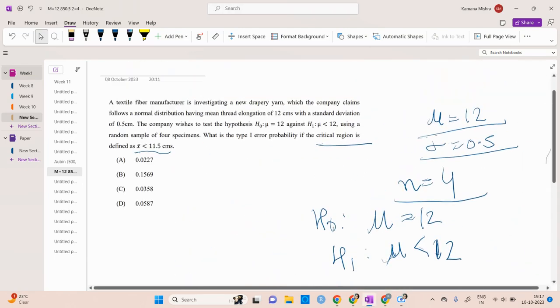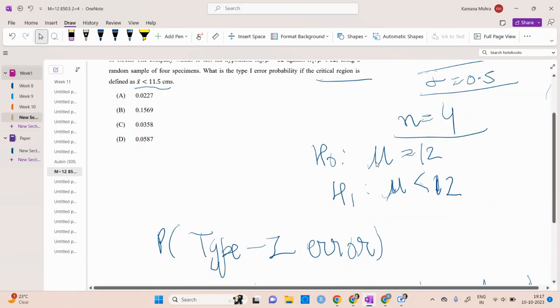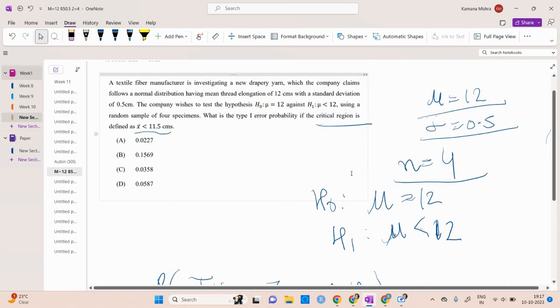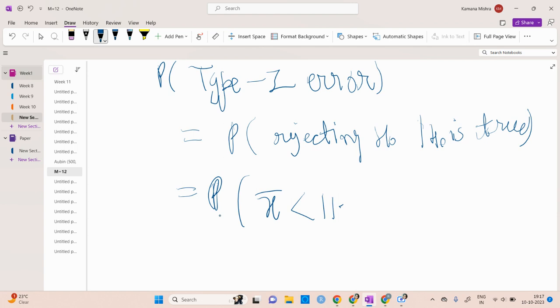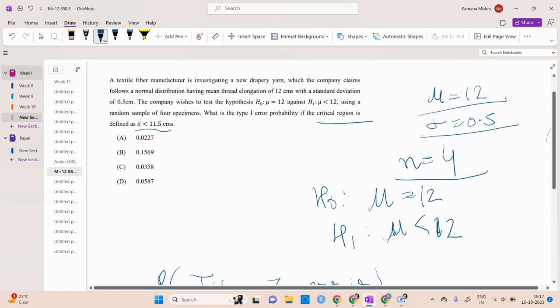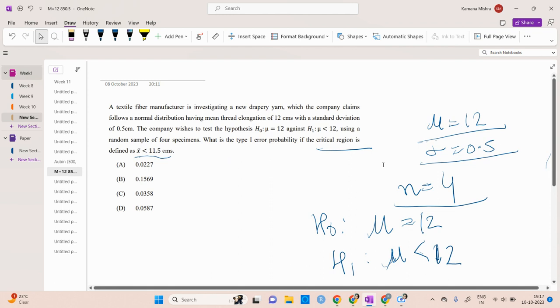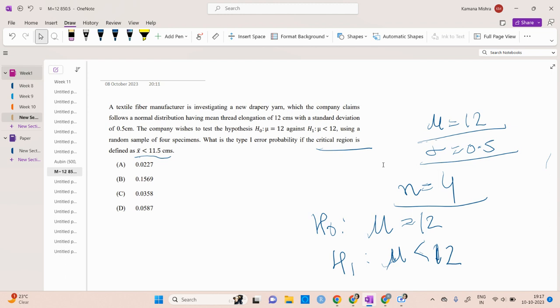So sorry. So for the critical region, what we take here is that we reject H0. So when do we reject H0? When X bar is less than 11.5, right? That means if the thread elongation is less than 11.5, then the textile fiber manufacturer will not consider taking this thread to the market, because then its demand will be less, right?